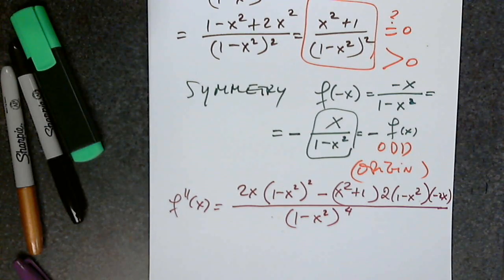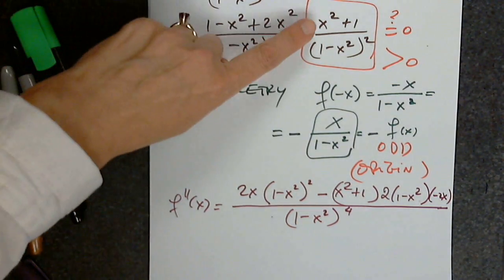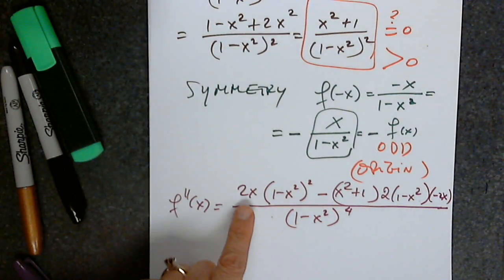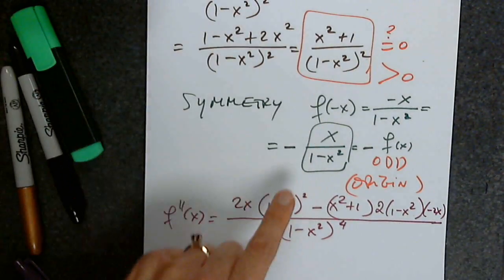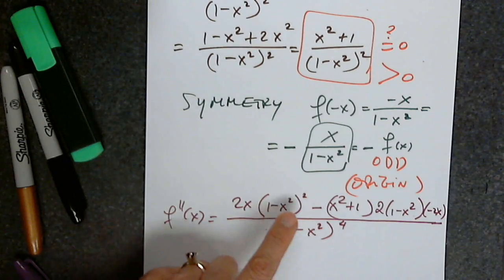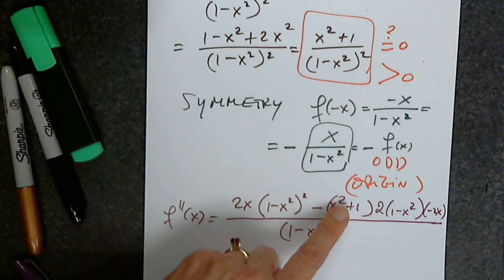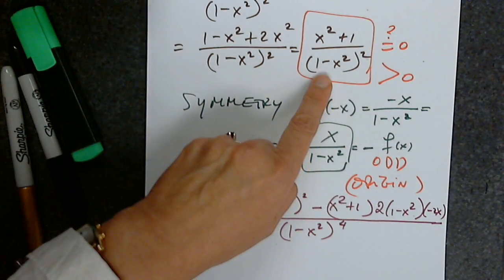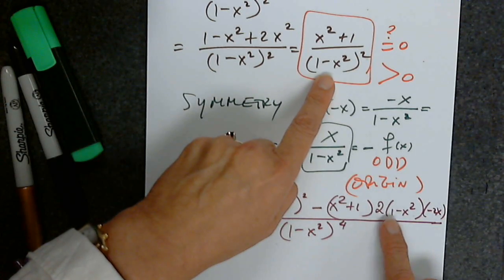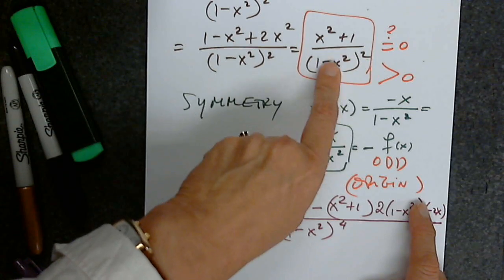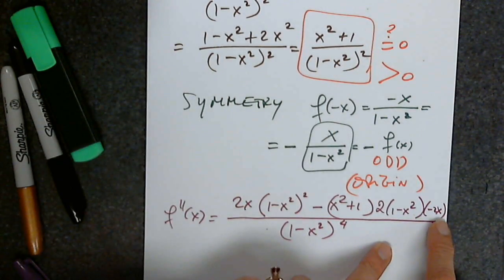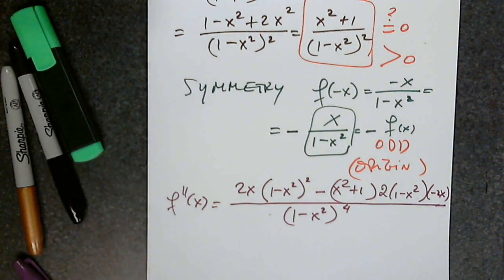Let's do this one more time. The top function prime is here, times the denominator, minus the top function times the denominator prime: 2 times 1 minus x squared to the 2 minus 1, times the inner function prime, which is negative 2x. Is that okay?